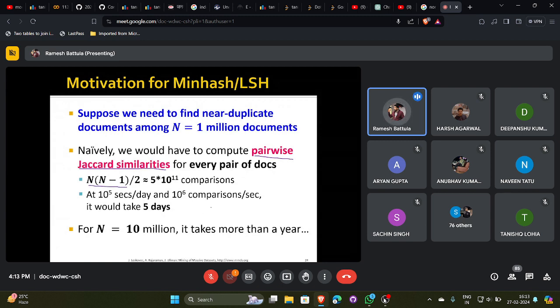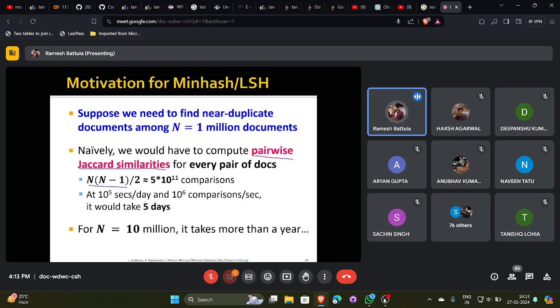That means this many comparisons you are performing. Suppose you perform 10 to the power 6 comparisons per second, and there are about 10 to the power 5 seconds per day. It would take at least 5 days to complete this similarity check.